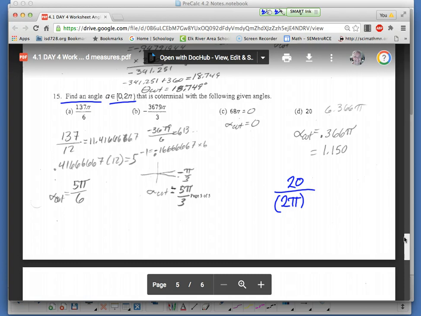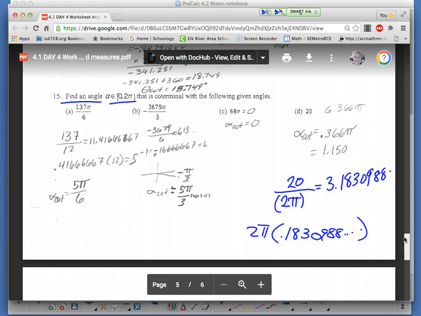But I'm looking at that 20 divided by my 2 pi. I can actually not have fat fingers and push my buttons correctly. So I get my 3.18. So this is actually 3.1830988. So I take off the 3 and I'm going to multiply 2 pi times 0.183098 in my calculator.